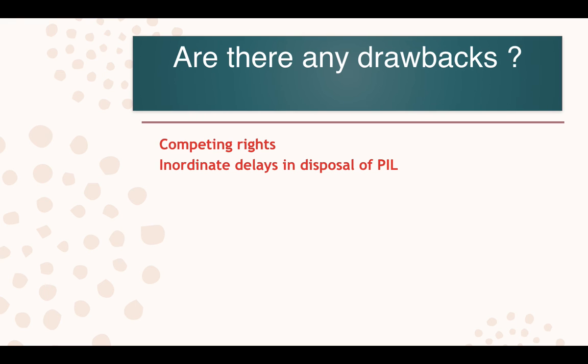So you look into the environment and you lose out on the workmen's part of it. They lose their livelihood when you ask them to close a polluting unit. So that competing rights issue is always there with public interest litigation.